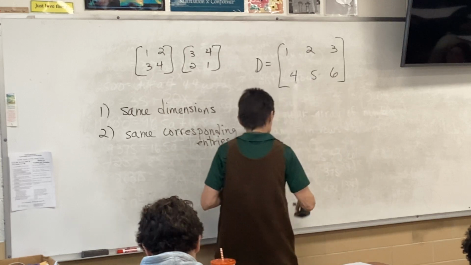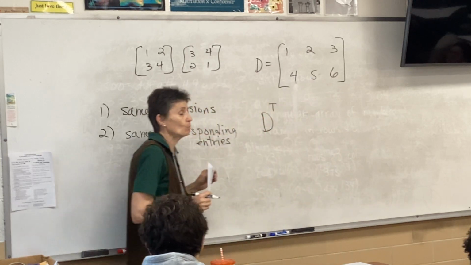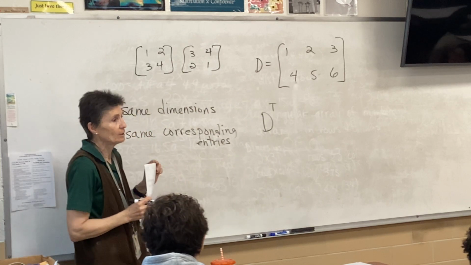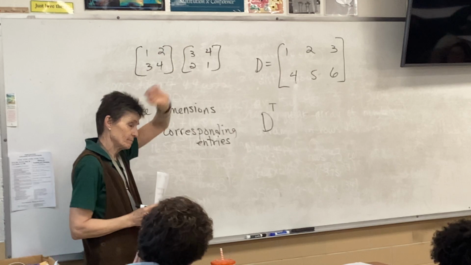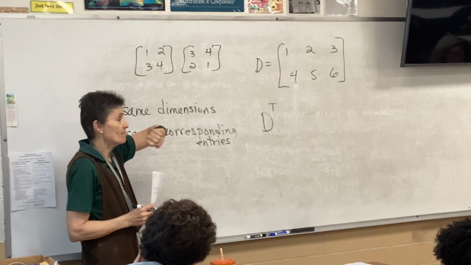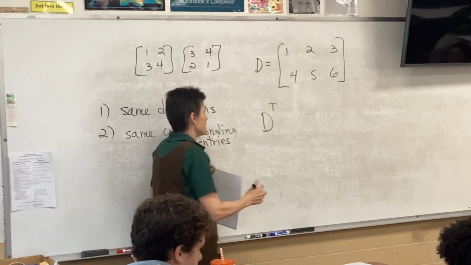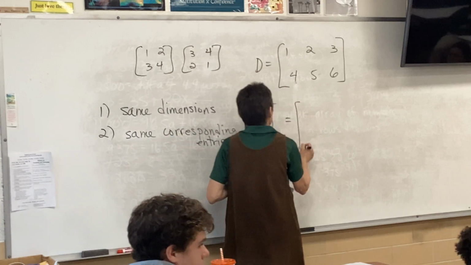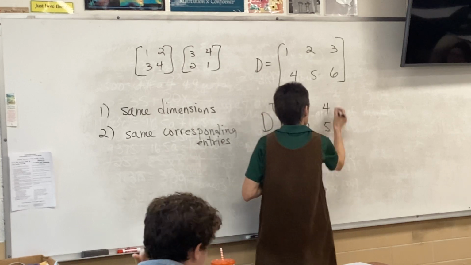The transpose of a matrix is denoted with a capital T superscript written up above. That means the transpose of the matrix. And the transpose of matrix D would be this.